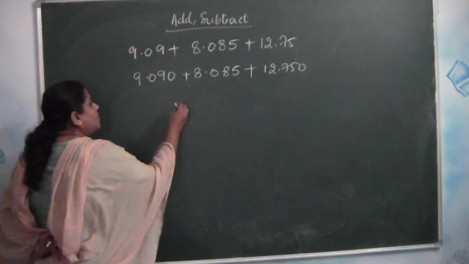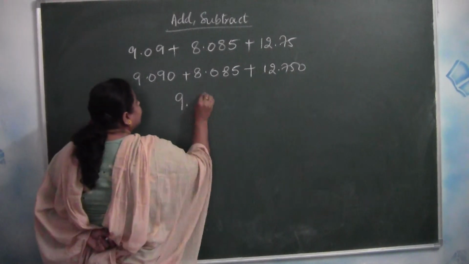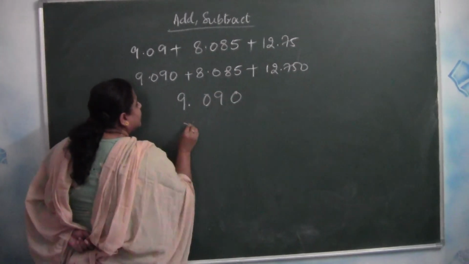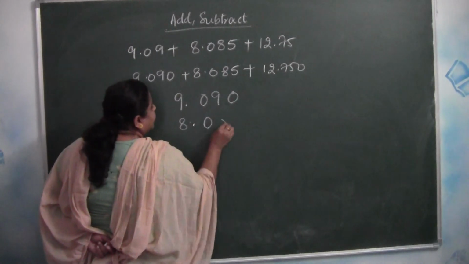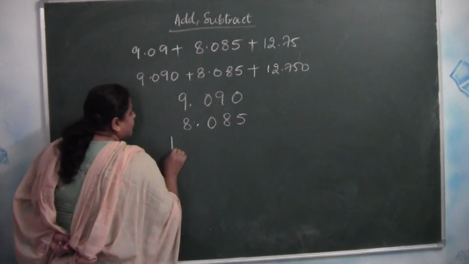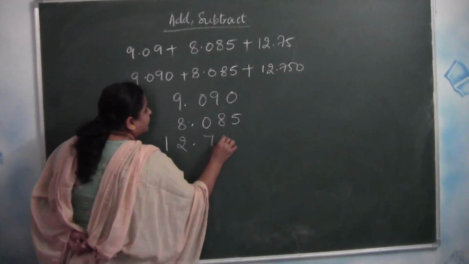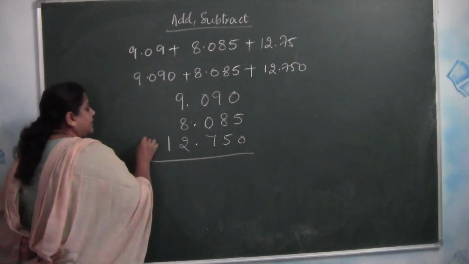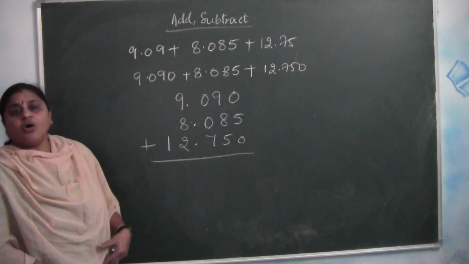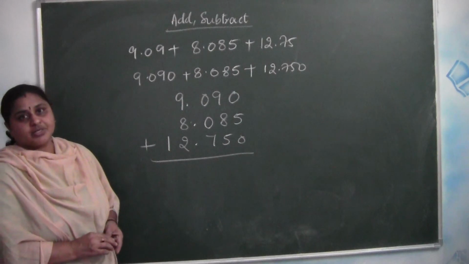That's it. Now let us arrange it: 9.090, 8.085, 12.750. Then you are going to add up all 3 decimal numbers.